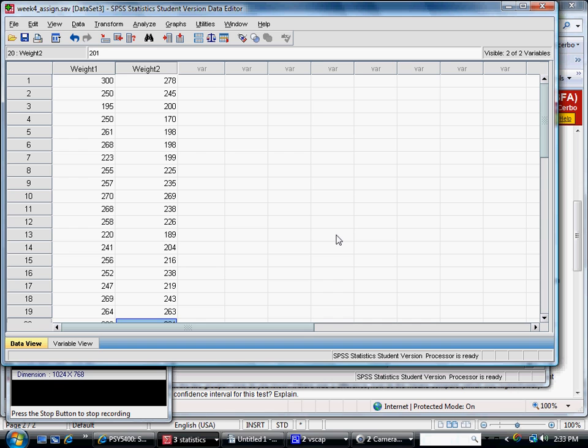So mean 1 equals mean 2 is always our null hypothesis, and that's what's really being tested by all these statistics. Our alternative hypothesis is that they are not the same, but that's not actually what we're testing. We're testing the null, that the two means are equal.